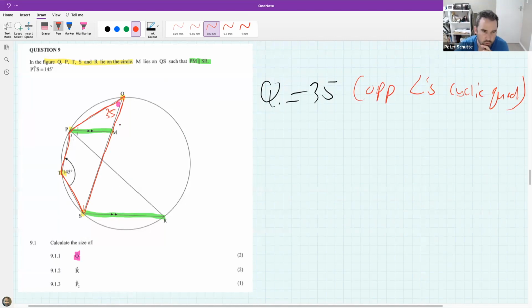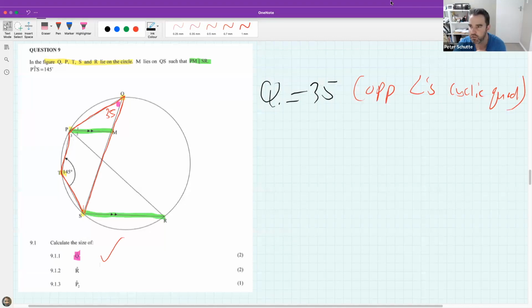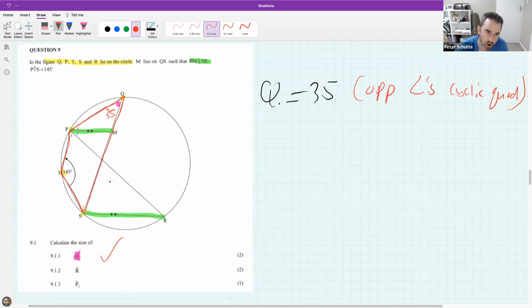Okay, so we have handled the first one. What about R? What do we think R is going to be? PTS is 145, that's 35. Emmanuel, Owami, and Paul are all saying that R is 35 degrees.